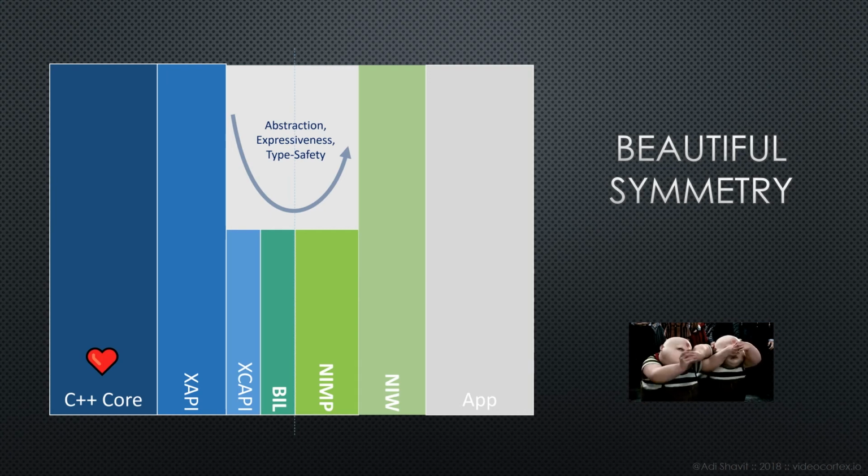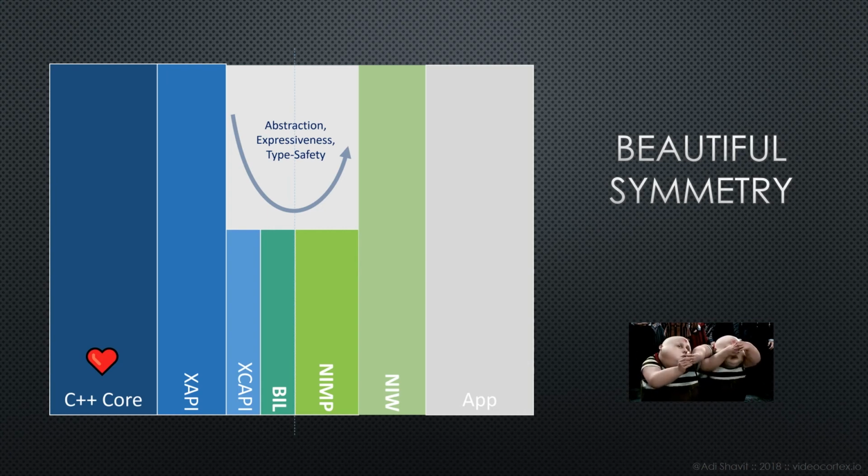And through this journey inside these layers, as I hope it was clear, we're losing abstraction and we're losing expressiveness, we're losing type safety, because we're threading all the information through these lower and lower levels of interfaces and APIs.